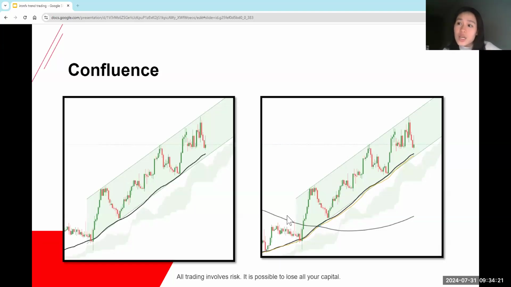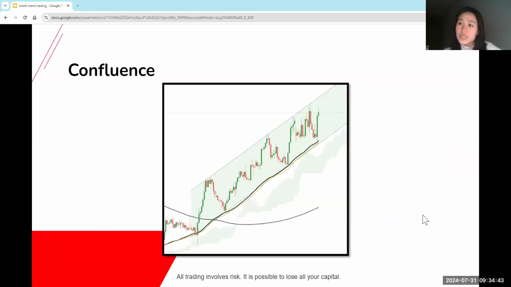Lastly, we're using the death cross and golden cross strategy as well. So you can see that our shorter time period moving average, which is the gold one, is moving above our longer time period moving average, which is this black line. So that's also giving us a golden cross signal.